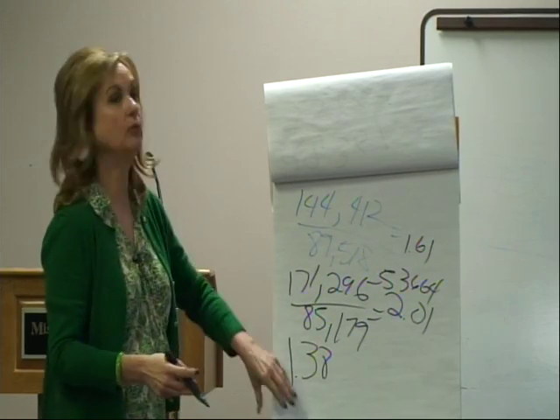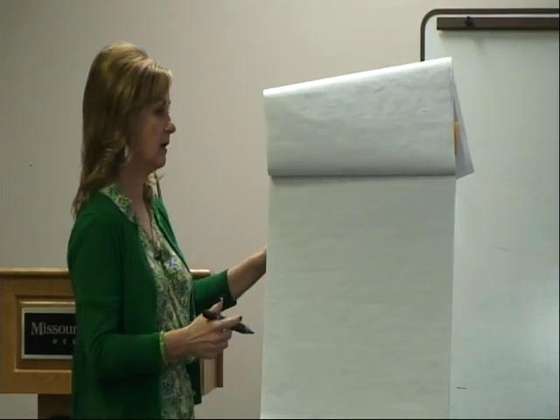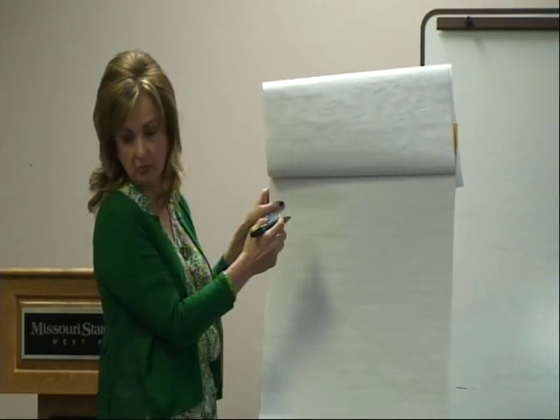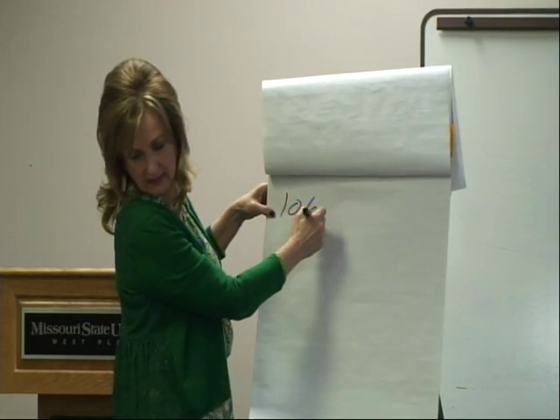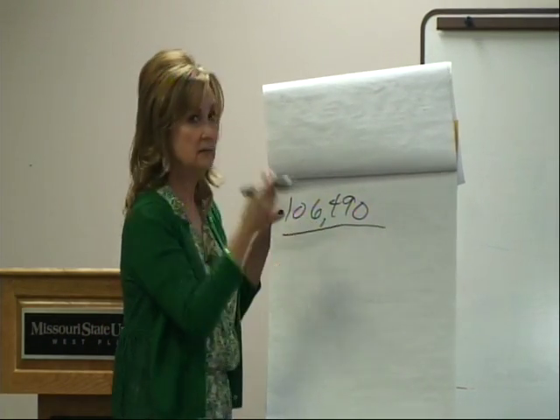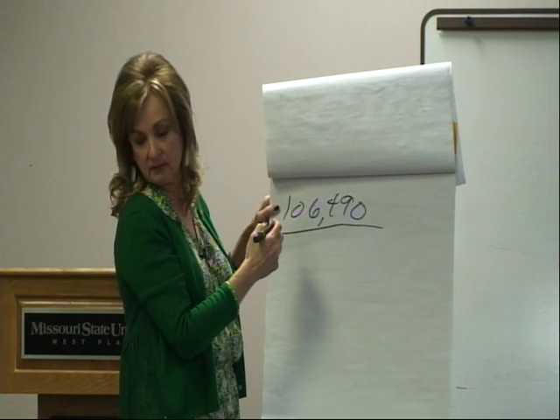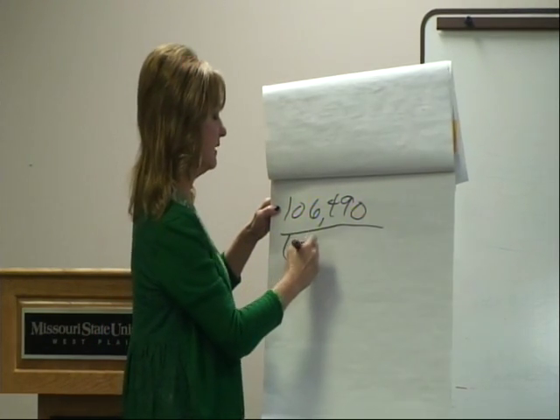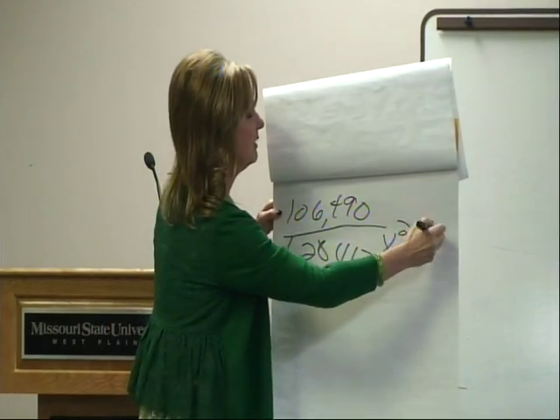Days receivable. How quickly are my customers paying me? On the top, accounts receivable, 106,490, divided by sales, which is 628,467, times 365.